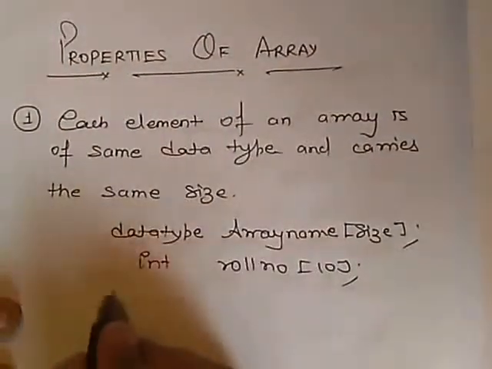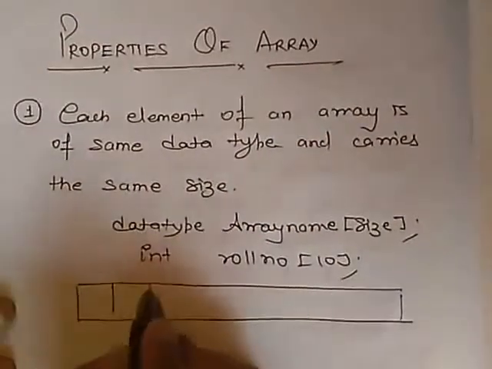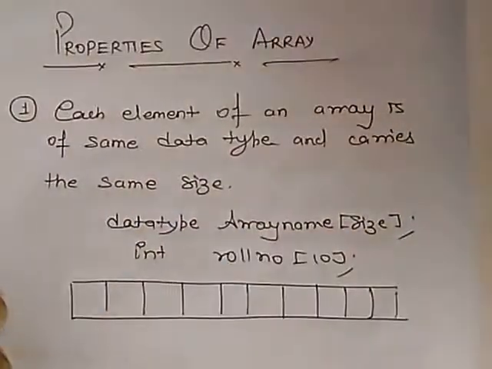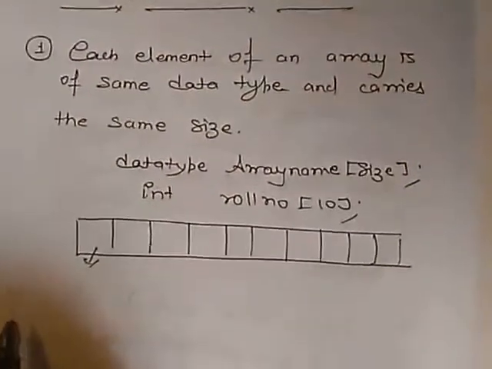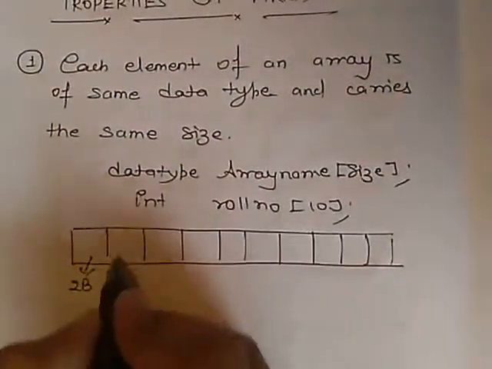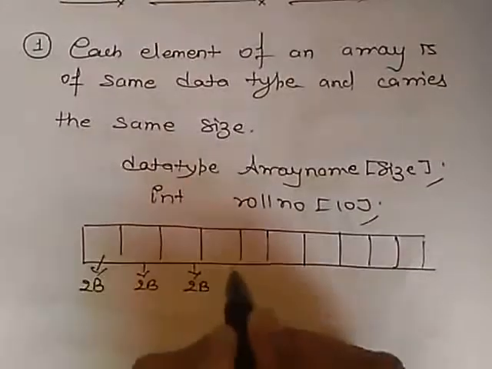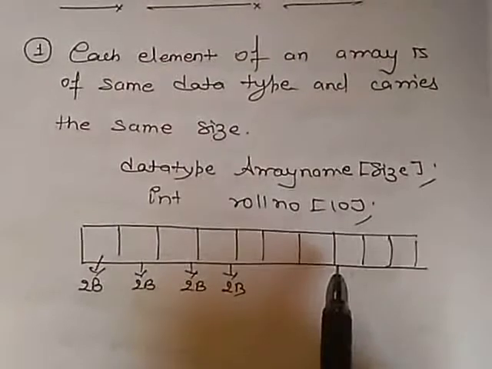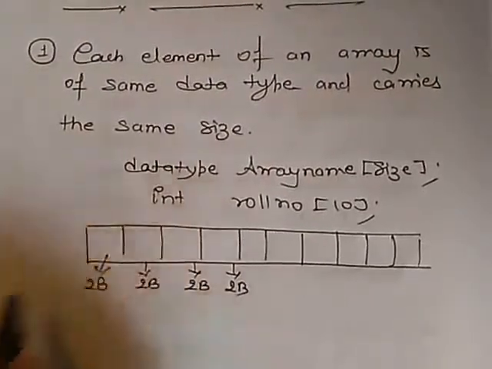Inside the RAM, the memory is allocated and the size of each block is of integer type. As we know that an integer takes 2 bytes of memory, so all of the blocks are of 2 bytes, and all the elements are of the same type, meaning we can store only integer type of element here.